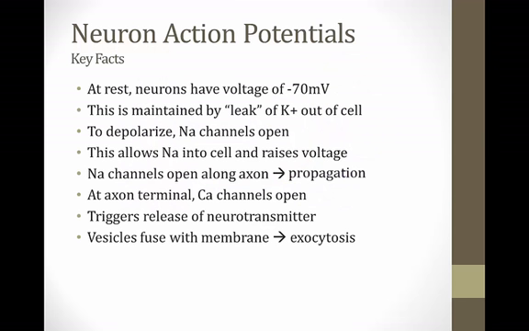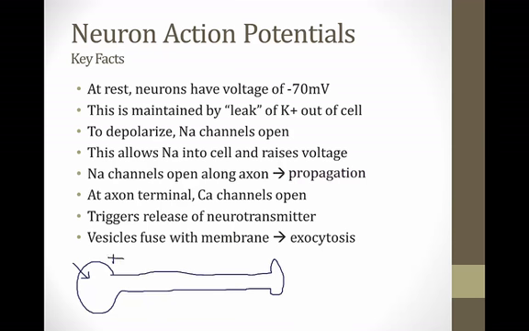So let's talk about neuron action potentials, and to do that I'm going to draw a crude neuron here with an axon and then a little synapse at the end. So when a neuron is sitting at rest, it has a voltage of negative 70 millivolts across the membrane. And what do we mean by that? What we mean is that outside the cell there are positive and negative charges, and inside the cell there are positive and negative charges, but the distribution of these is unequal, so that there's more negative charge inside than outside the cell.